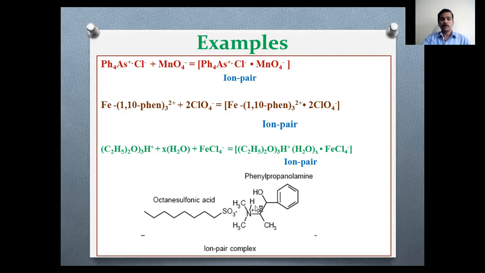If you treat this protonated compound with octane sulfonic acid and extract into chloroform or dichloromethane, the ion association complex of phenylpropanolamine with octane sulfonic acid will be obtained. So this ion association complex will be present in the organic layer. These are some examples showing ion association complexes.